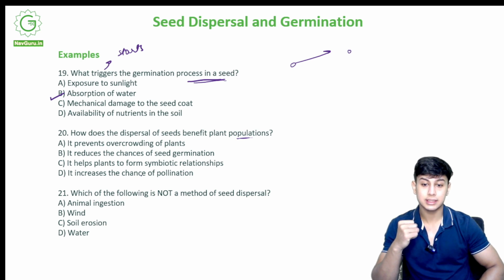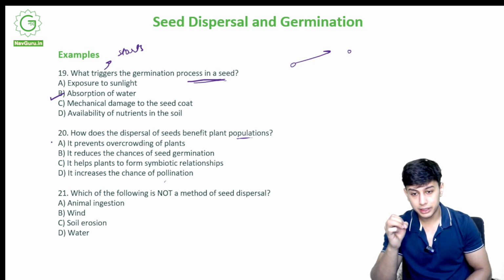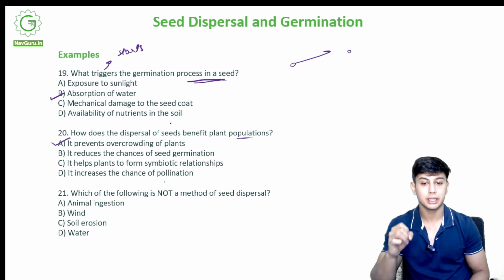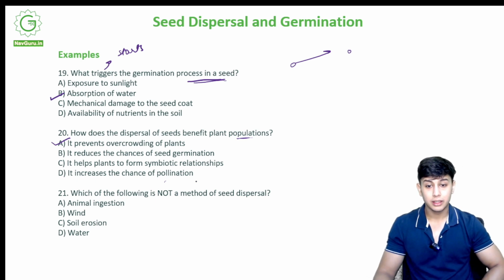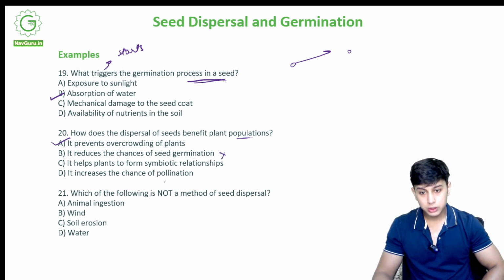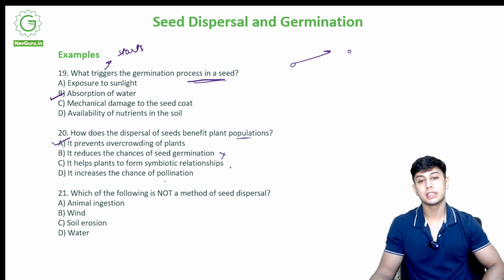It increases the chance of pollination. Now, what does dispersal of seeds benefit the most? It prevents overcrowding of plants, right? If dispersal is away from the plant, it will grow in sufficient space with more resources. It will not compete. It does not reduce the chance of seed germination, because this is what makes germination more possible.